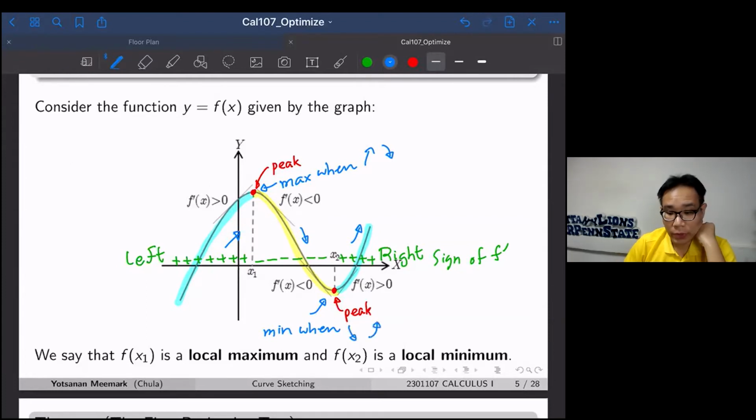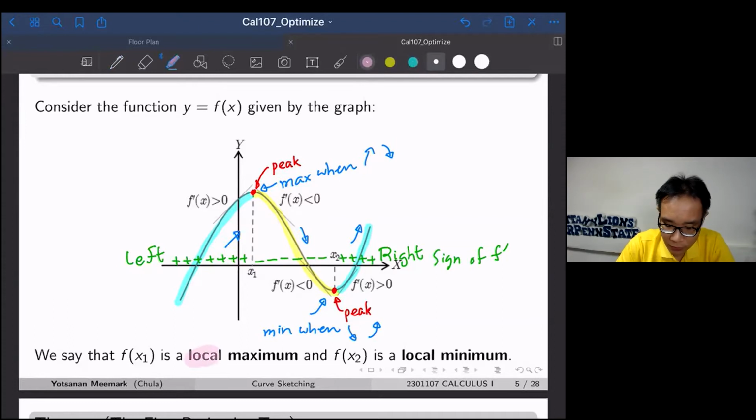So this gives you a local maximum at x equal to x1 and a local minimum at x equal to x2. The thing is that you have the prefix local.